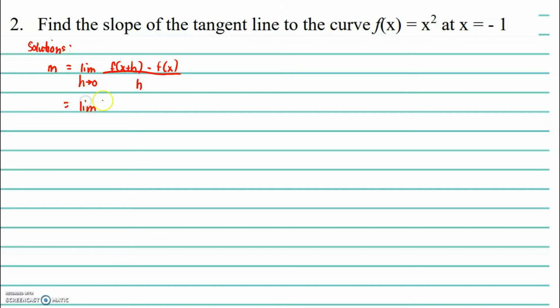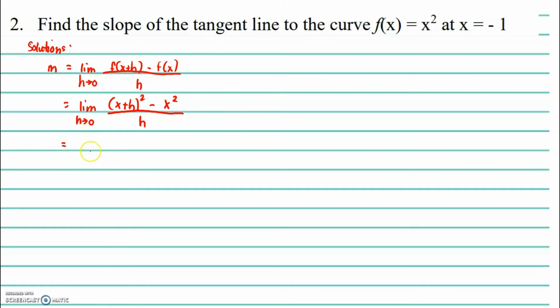So we have here the limit of x plus h squared minus x squared, f of x, that is x squared, all over h as h approaches 0.